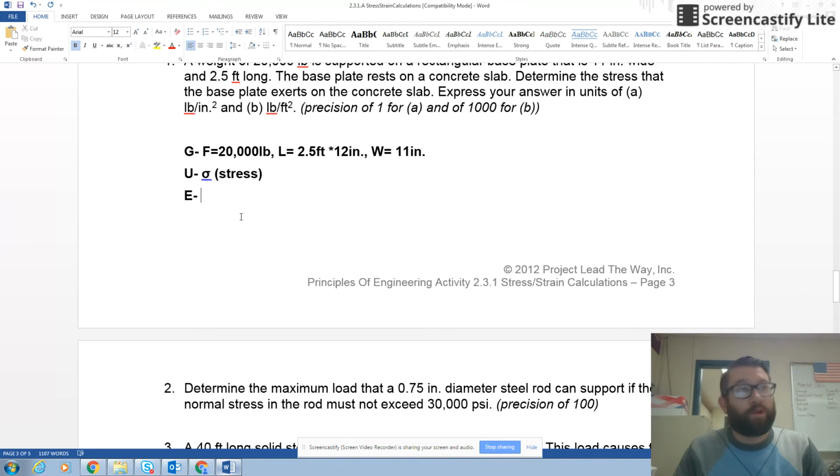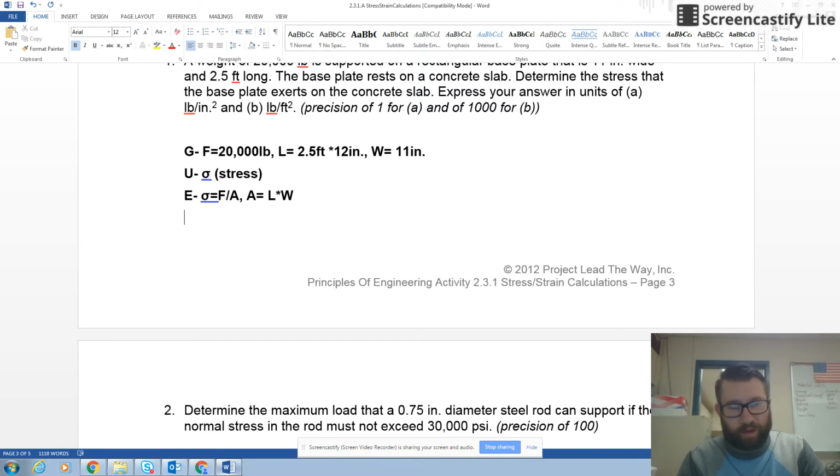So I'm going to go Alt 229, stress equals force divided by area. Now, I don't have my area yet, so I'm also going to need that. Area of a rectangle equals length times width. So now I've got my equations.